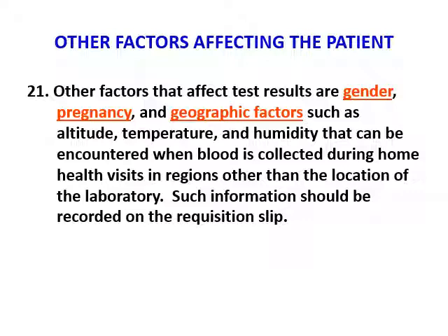Geographic regions, we talked about this, about how different regions have different normal value ranges, because things like the altitude, the temperature, and humidity can affect your range for things like your hematocrit, your RBC counts, and things of that nature. So make sure that you record any of this information on their requisition slip. We want to keep up with all the stuff.